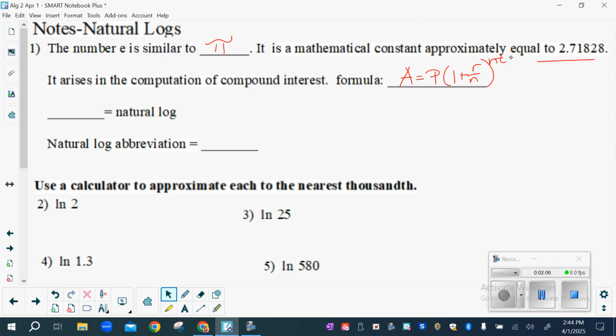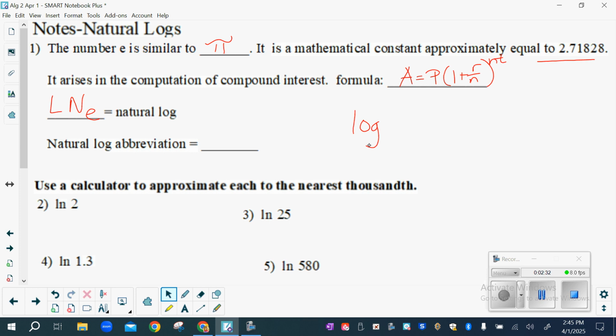Okay, so we have something called a natural log, capital L, capital N. And the natural log has a base of e. So if we just write log, what's the base of log? 10.